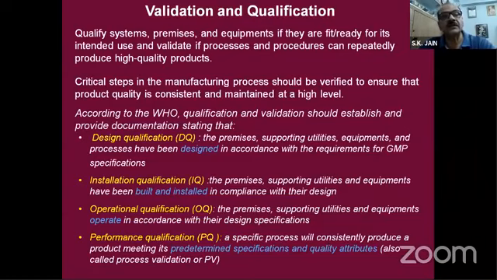So we qualify systems, premises, and equipment to see if they are fit or ready for their intended use, and we validate if the process and procedure can repeatedly produce a high quality product. It is a critical step in the manufacturing process, and should be verified to ensure that product quality is consistent and maintained at a high level.